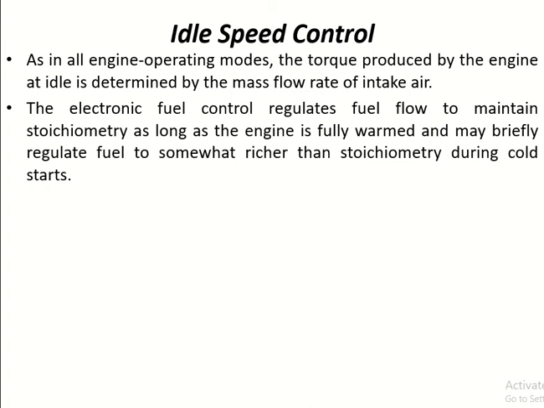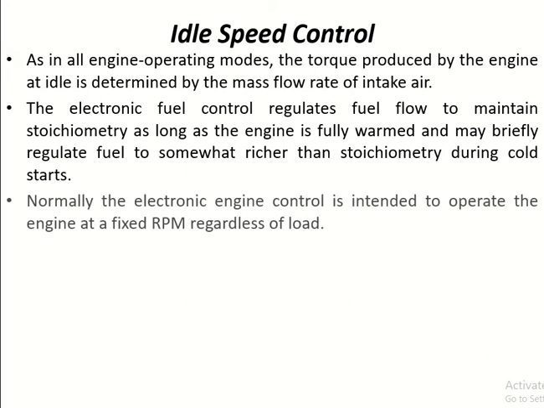The electronic fuel control regulates fuel flow to maintain stoichiometry as long as the engine is fully warmed, and may briefly regulate fuel to somewhat richer than stoichiometry during cold starts. Normally, the electronic engine control is intended to operate the engine at a fixed RPM regardless of load.